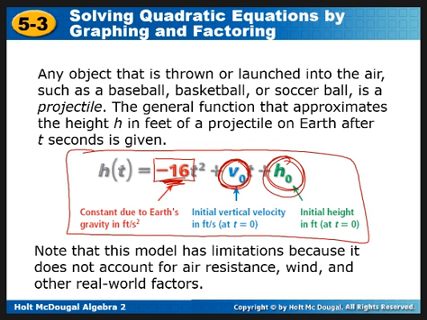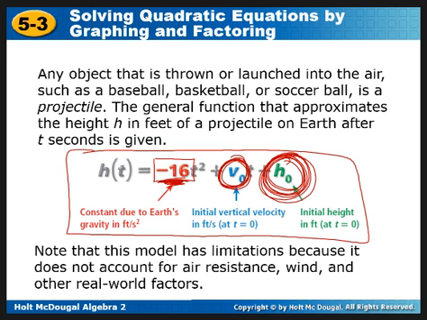Now, in a lot of these projectile motion problems, it's going to say that your height starts at ground level, so most of the time we can fill in a 0 for that particular function. So just remember, initial velocity goes in here, initial height goes in here, the -16 is constant, so that's always going to be a part of your problem.